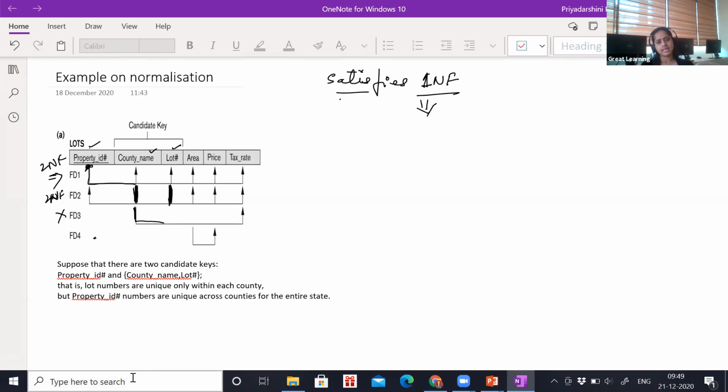Yes or no? There is no concept of fully or partial. What they have told, there should not be a partial functional dependency. Which is a partial here? FD3 is a partial. Is FD4 partial? Can you define FD4 as either partial or fully functional?